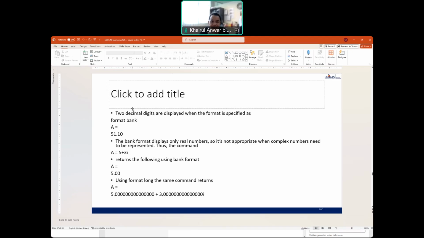The bank format displays only real numbers, so it's not appropriate when complex numbers need to be represented. So you see the real number is like this value, 51.10. And for an imaginary number, it's written in the following bank format: A equal to 5.00.